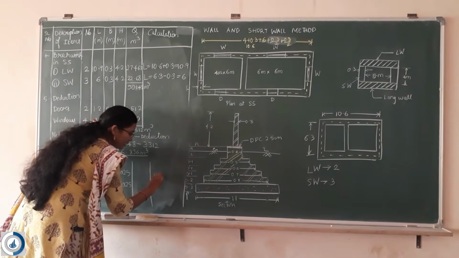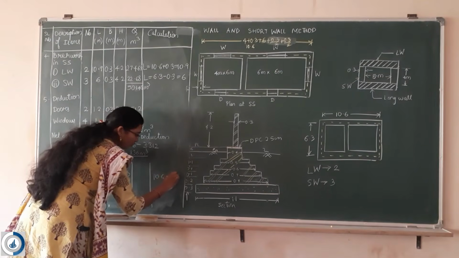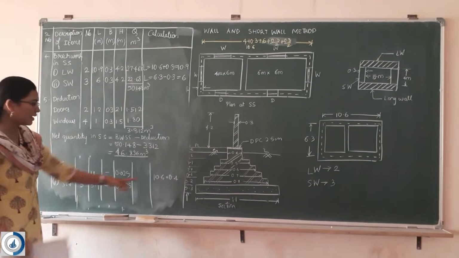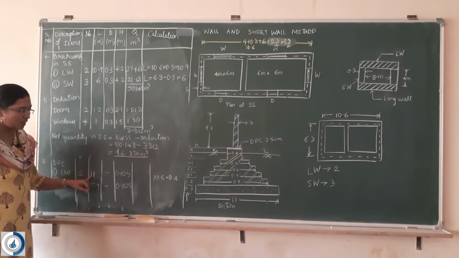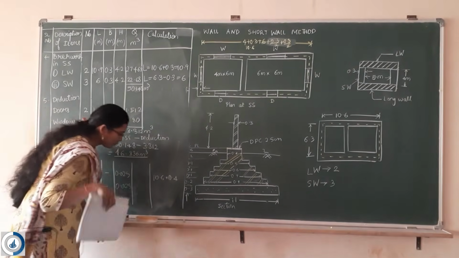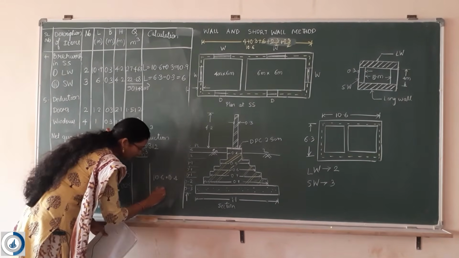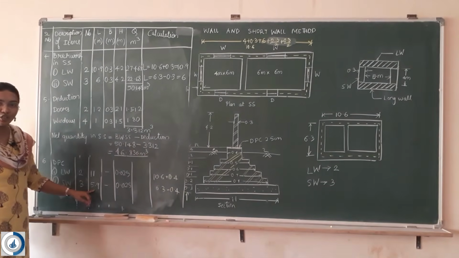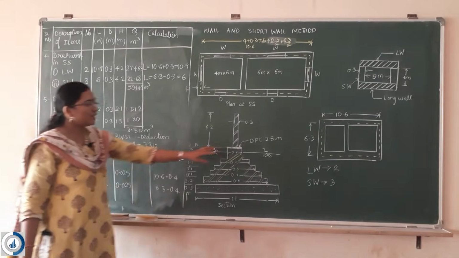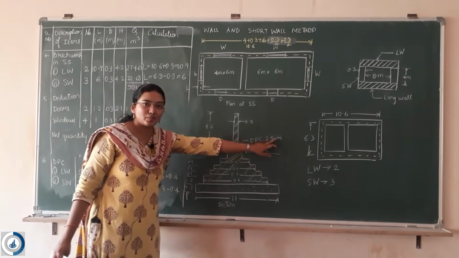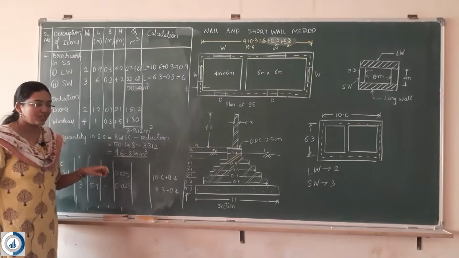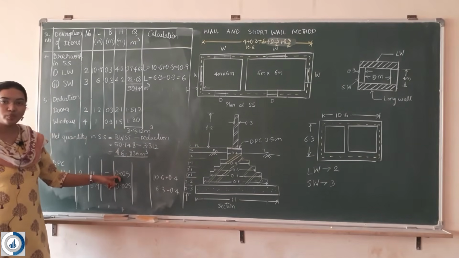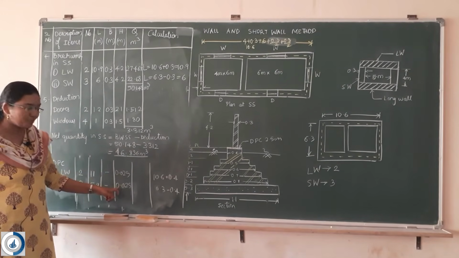So 10.6 plus 0.4. When I am doing, that is 11 for your long wall, then 6.3 minus 0.4, that is 5.9 for the short wall. We know here DPC is 2.5 centimeter. The thickness is 2.5 centimeter. We have to convert that into meter, that is 0.025 meters.